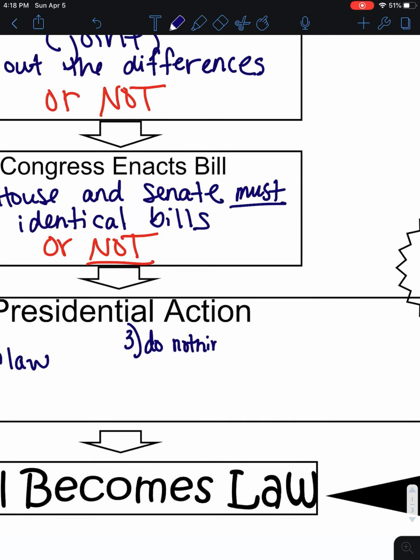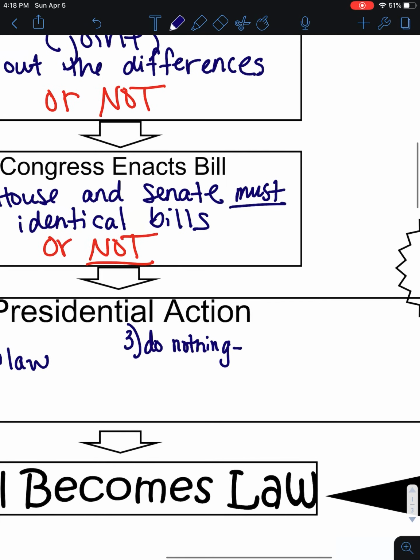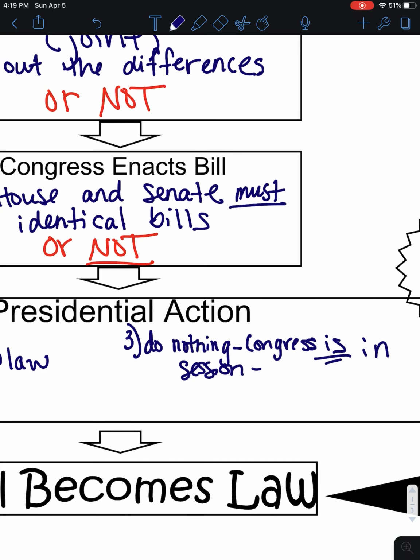If Congress is in session, then it becomes a law. Okay?